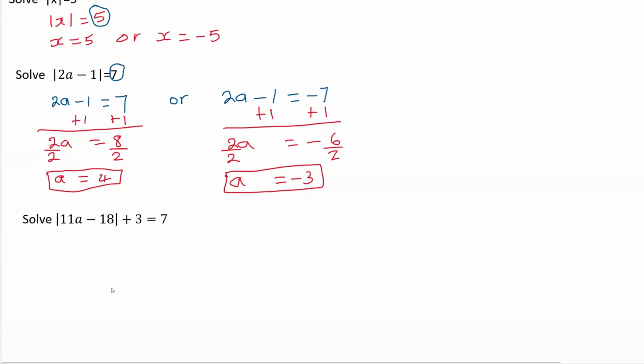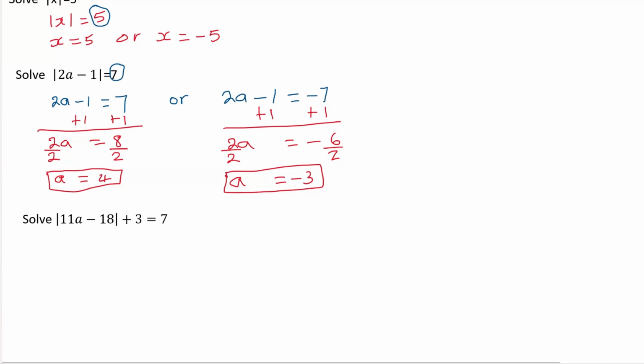The fact that we have the 3 here means we first have to move the 3 over before we can break the equation in two, because the absolute value has to be on one side by itself.